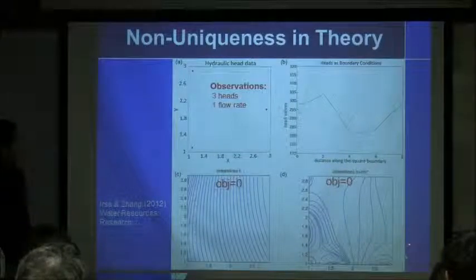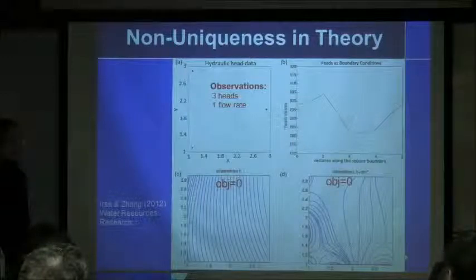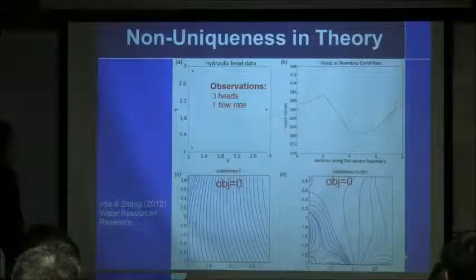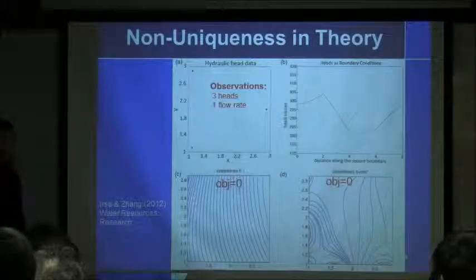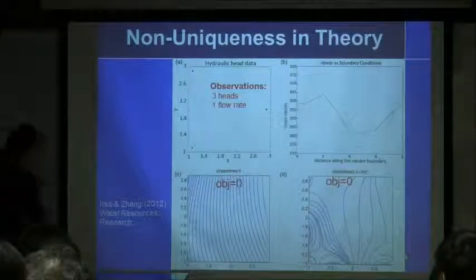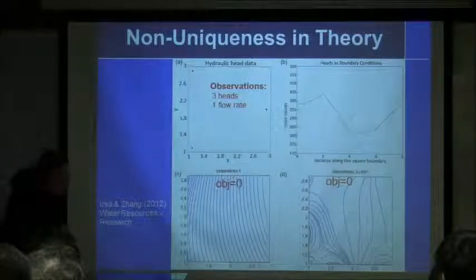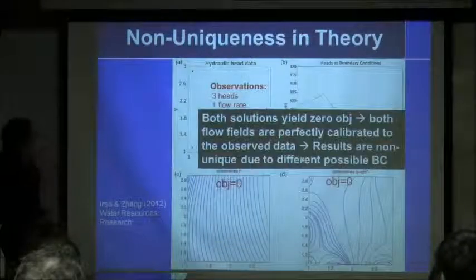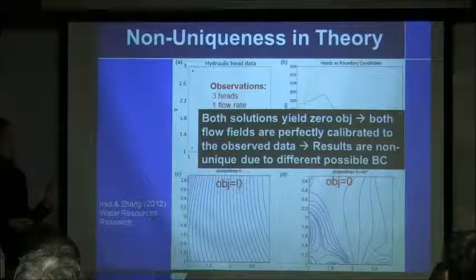The right-hand side flow field is driven by the green boundary condition. So it's more tortuous heads. On the right-hand side, these are streamlines showing the trajectory of the water molecules. This flow field also satisfies the 3 observed heads and 1 flow rate. What that means is that both solutions yield 0 objective function because we have a perfect match.